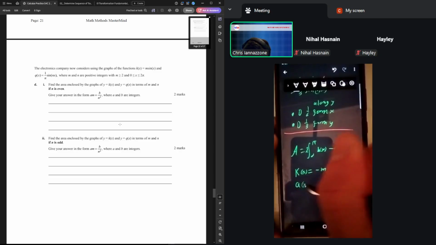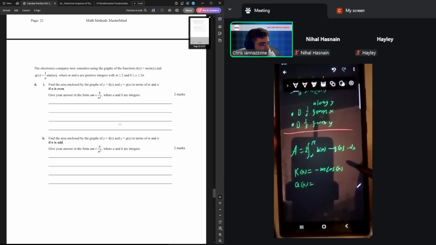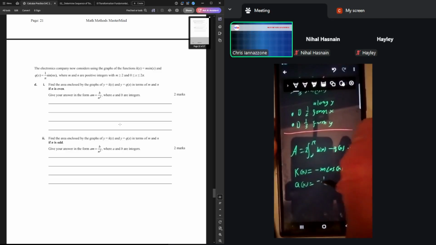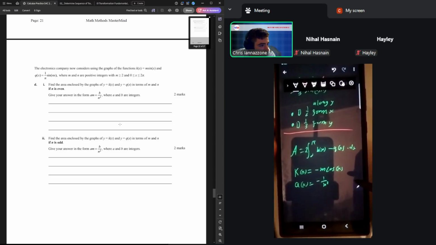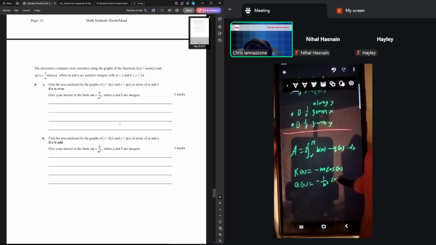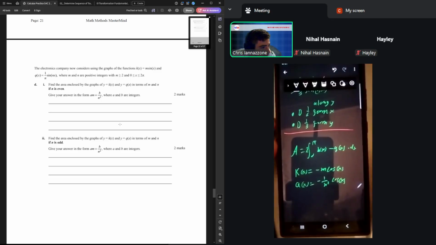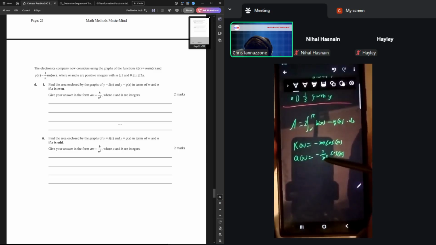For q, we had 1 over n sine nx, so that's going to be minus 1 over n squared cos x. They're both negative because we're going from sine to cos. You can obviously CAS this out as well, you don't have to think as hard as I'm doing. And it's also pretty good, we've seen where our n squared is likely to come from.